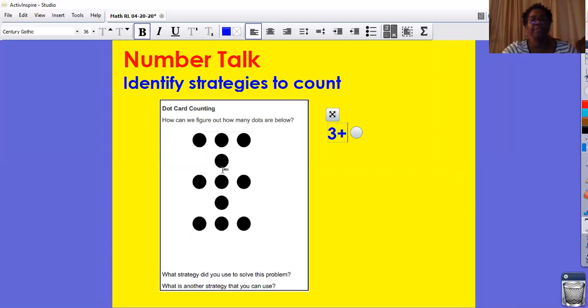And then we have this row. Let's count how many? 1, 2, 3, 4, 5. Plus, we're going to add more. 1, 2, 3. Equals. So 3 plus 5 plus 3.